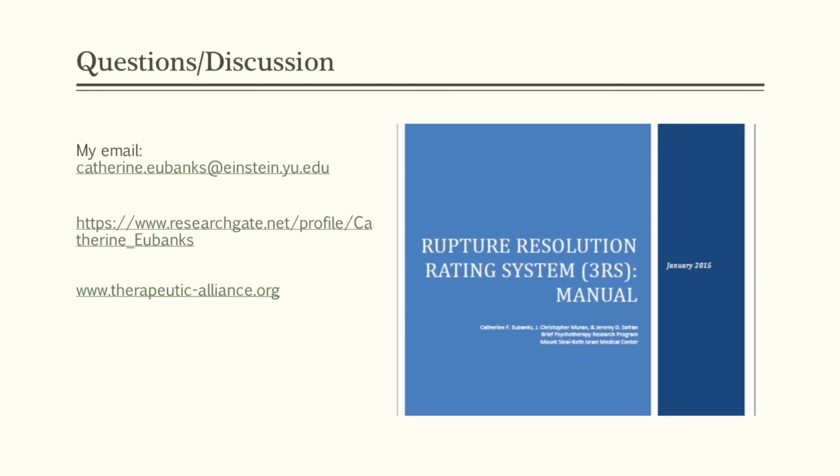I should say, actually, whenever you're adapting this to any population, I think it's quite possible there will be markers you might need to add. So some of my colleagues, like Tali Boritz's team, are using the 3RS with cases of patients with borderline personality disorder being treated in DBT, and they've seen some types of ruptures that they feel aren't captured perfectly by the 3RS code, so they're experimenting with a new code that they've created.